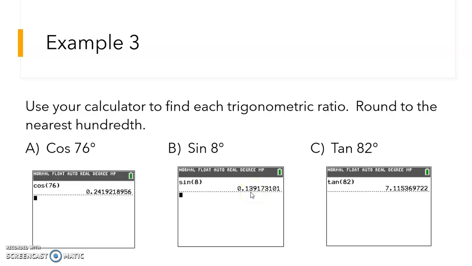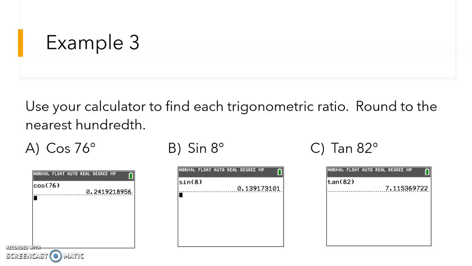So the answer here is 0.14. For the tangent of 82, you would type the tangent of 82, close parentheses, and you get 7.12. If you aren't getting those answers, please contact me. I want to help you with that because your calculator is probably doing something weird. So let me know what's going on and I will try and help you with it.